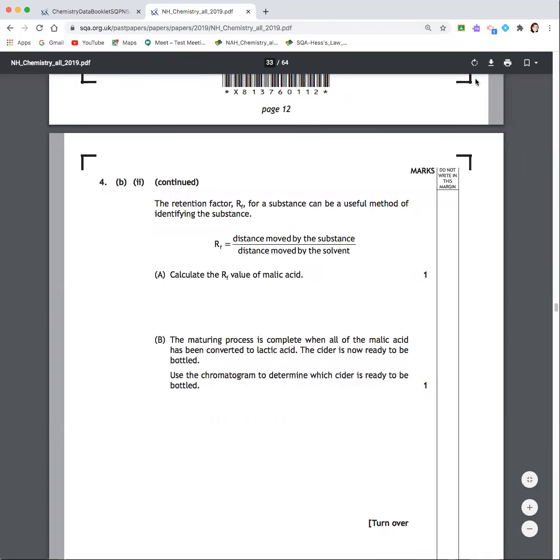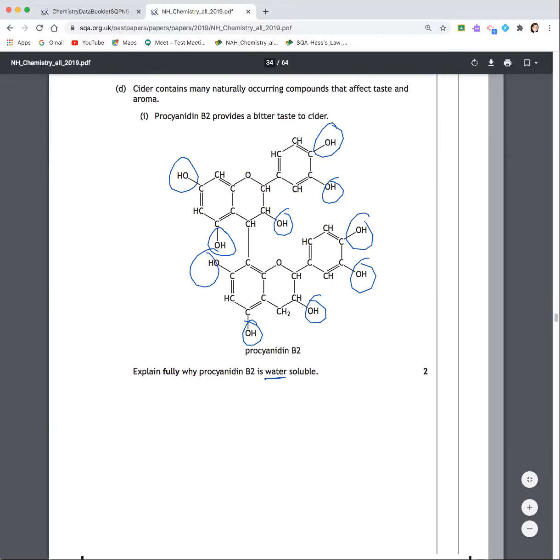So for the answer to this question, you need to say that the molecule is polar due to having lots of hydroxyl groups, and therefore, because like dissolves like and water is also polar, it will be water soluble. But it's a good idea to look for hydroxyl groups if you're looking to see if a molecule is polar or not. Usually makes things easier.